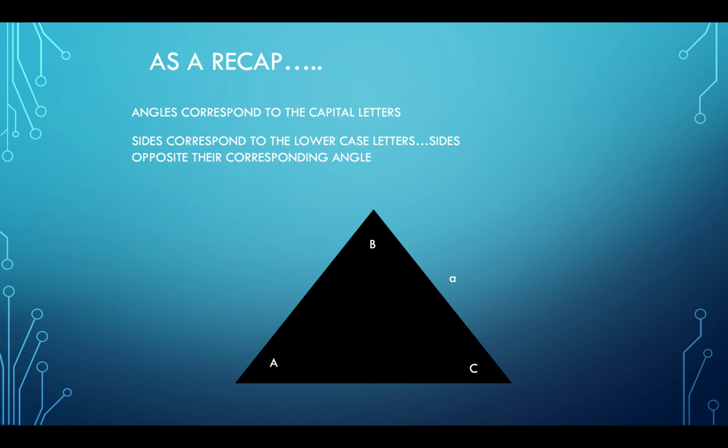Next, side B, where would side B be? Side B is going to be on the bottom, because angle B is up in the top, and the side is opposite the angle, so little b is down at the bottom. And angle C is over here, so where would side C be? Side C is opposite angle C, so we're going to have side C over here.